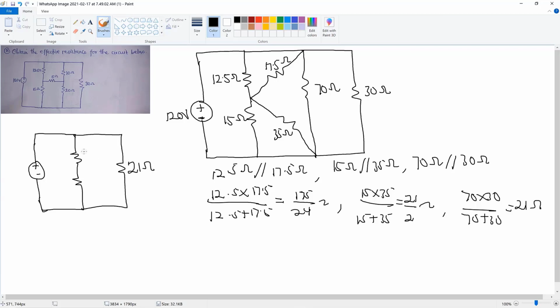We have our 175 over 24 ohm resistor, and then we have our 21 over 2 ohm resistor. Now we can see that our 175 over 24 ohm resistor and our 21 over 2 ohm resistor are in series, and then the effective is in parallel with the 21 ohm resistor.